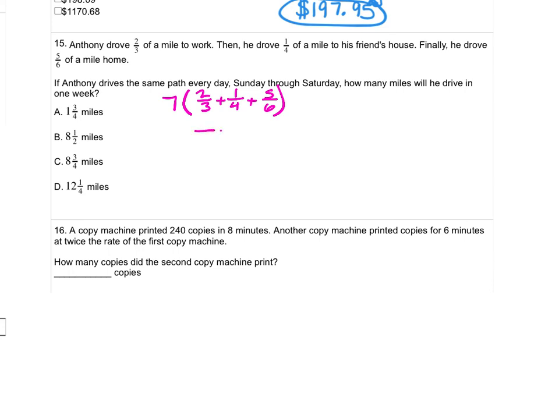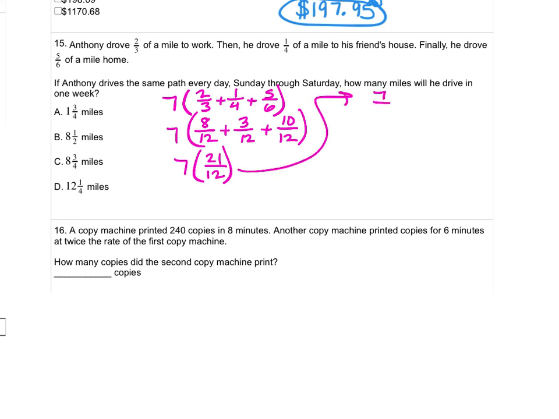I'm going to get a common denominator. 3, 4, and 6 will all go into 12. So I've got 8/12 plus 3/12 plus 10/12. Add all that up times 7. So we get 21/12. And I'm going to leave it as 21/12 since I'm going to multiply fractions. So I've got 7/1 times 21/12.